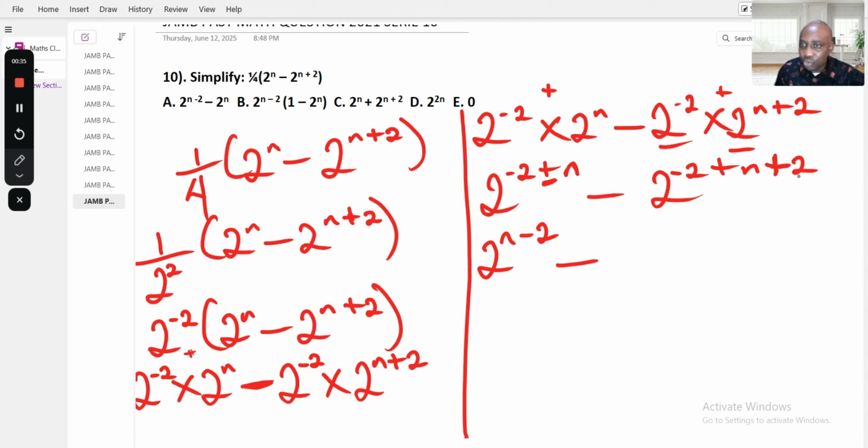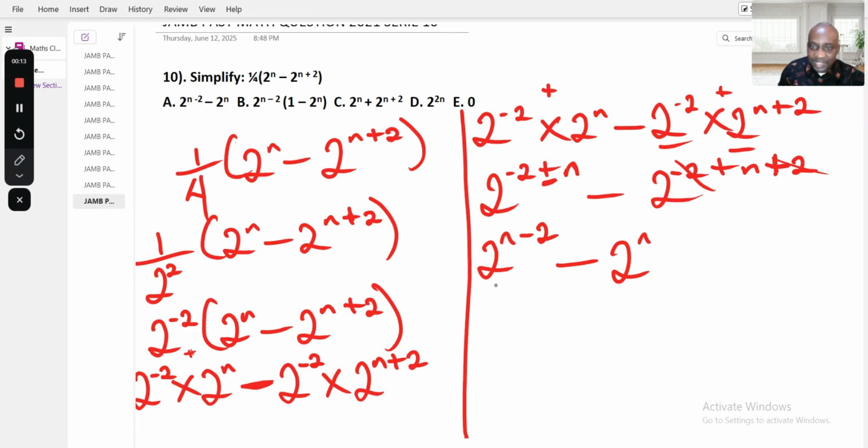It means that this one cuts out each other. Minus 2 plus 2, you just cut it out. What is going to remain? n. It's going to remain plus n. Therefore, our final answer is this one, because minus 2 plus 2 has cut out each other. It will have only plus n.